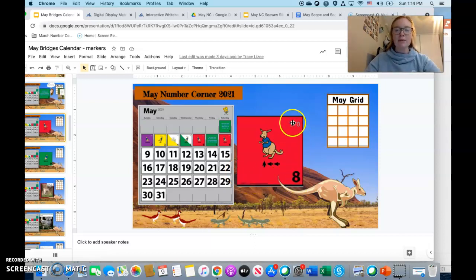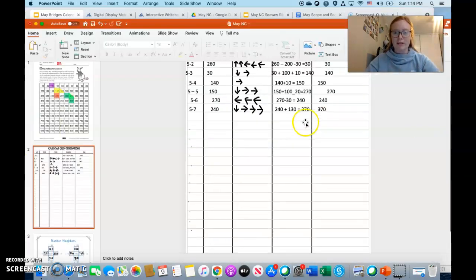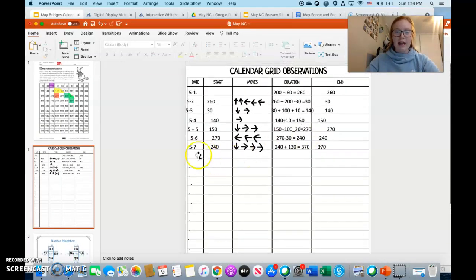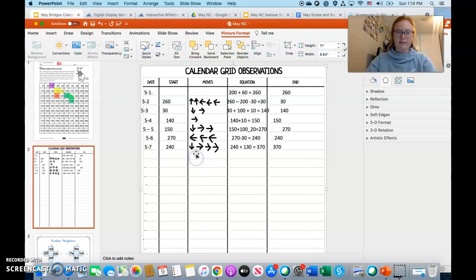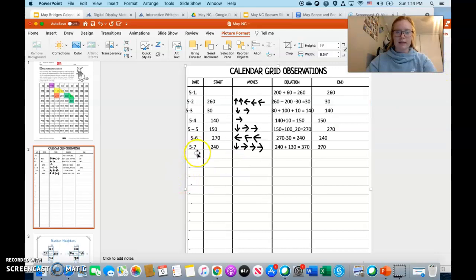I noticed that we have a big full red square. We have an arrow that goes up and then two arrows to the left. So I'm going to grab our calendar grid observation here. I'm going to put in our date.